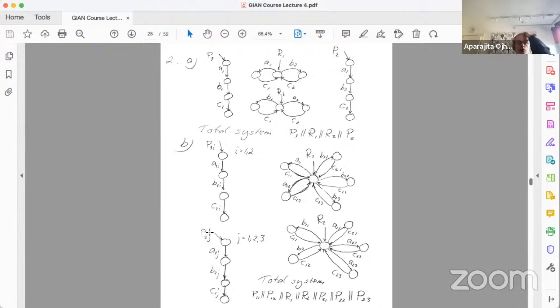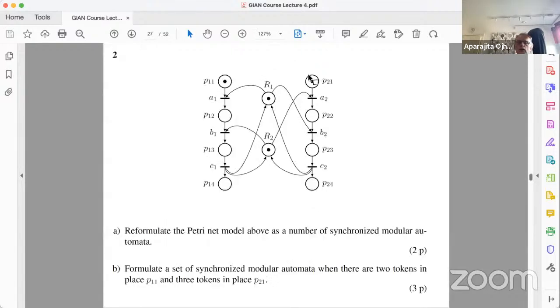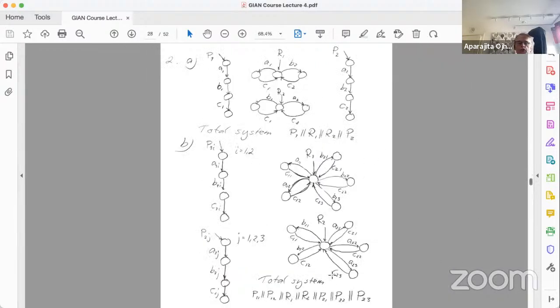And for the second sequence with 3 initial tokens here, there are of course then 3 corresponding automata. And also in that case, your resource needs to be extended. So in this case, the total system is P11, P12, and R1, R2, and P21, P22, and P23.